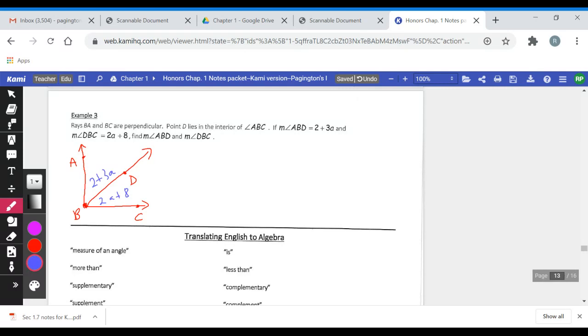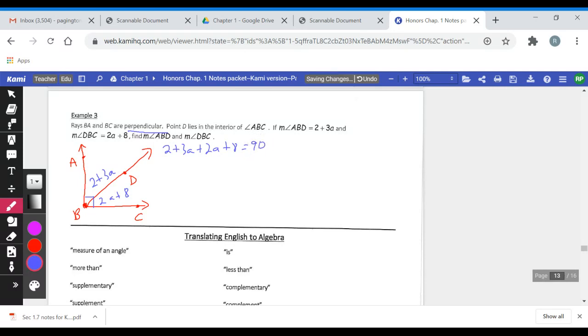So since it told me that these rays are perpendicular, I need to have a right angle there. And once I see that right angle, that's my clue that these two angles have to add up to 90. So I'm going to say 2 plus 3A plus 2A plus 8 is equal to 90.